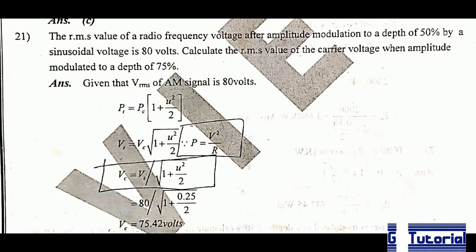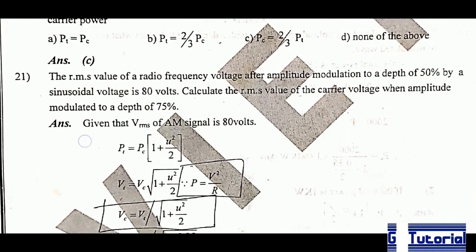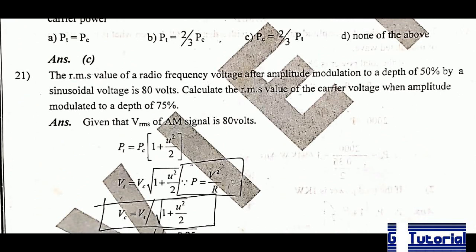Now we obtained the value of Vc. But we are asked to find the RMS value of carrier voltage when modulated to a depth of 75. The actual question should be not the RMS value of carrier voltage, but the RMS value of modulated signal, the RMS value of voltage after modulation.